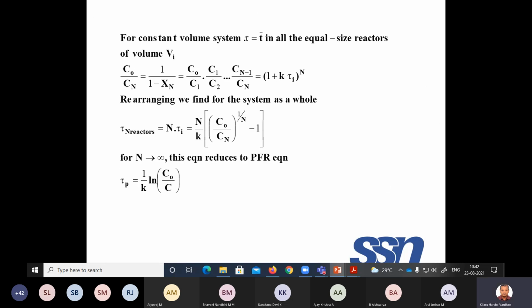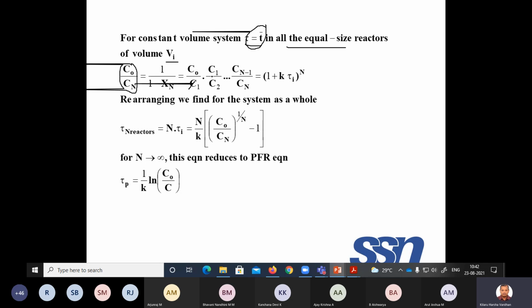Now for constant volume reactors, your tau becomes T. That is, the space time becomes the average time inside. For all equal size reactors of volume Vi, you are left with C0 by Cn is 1 minus Xa by N. So C0 by Cn, you can write as C0 by C1, C1 by C2, up to Cn minus 1 by Cn.